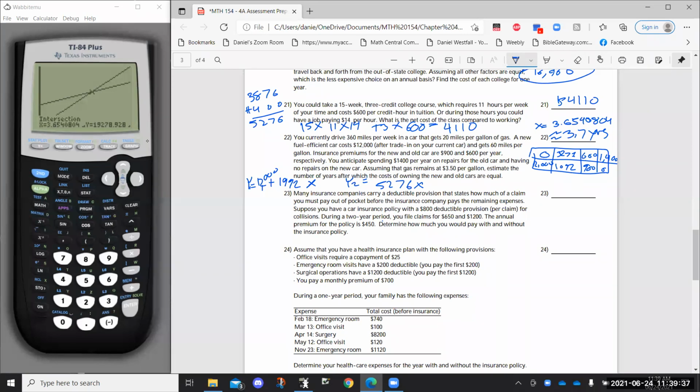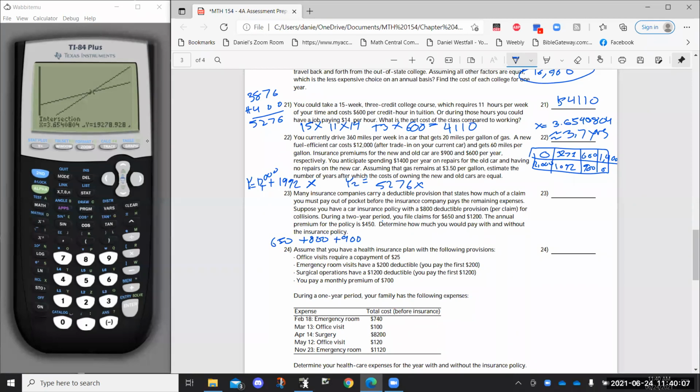Moving right along, number 23. Many insurance companies carry a deductible, and so on. So we're going to compare having insurance and not having insurance. For these various things, with insurance would be 650 plus 800 plus 900.